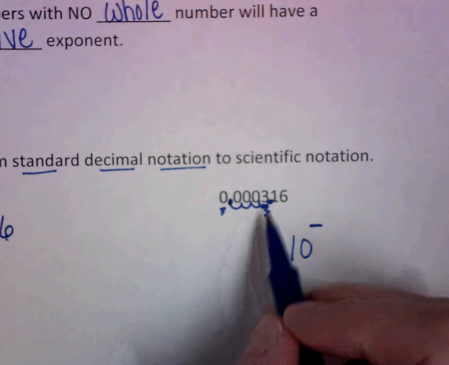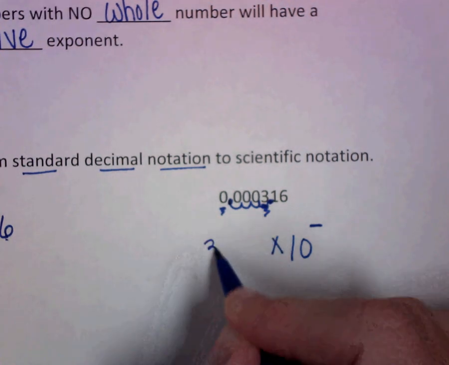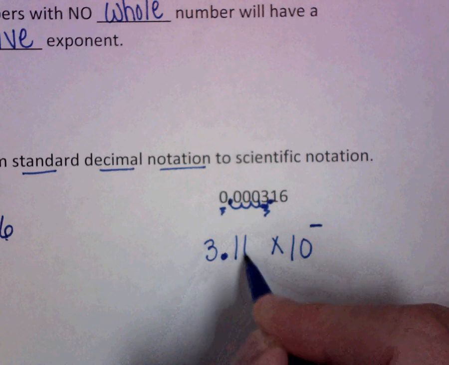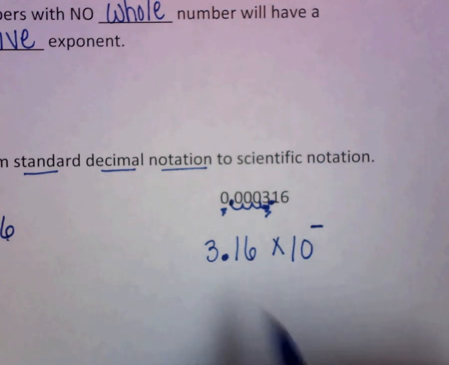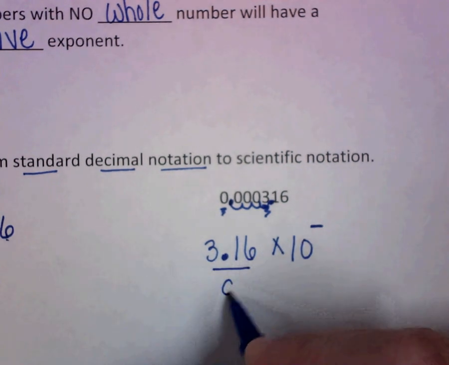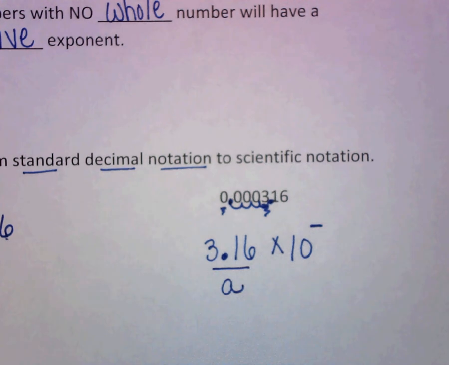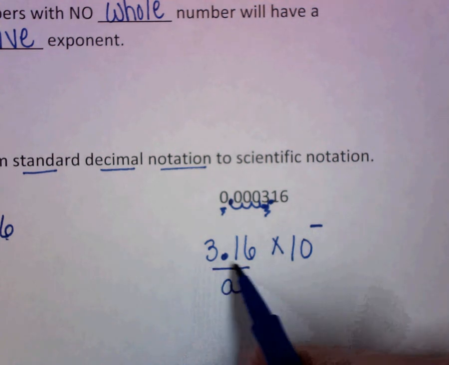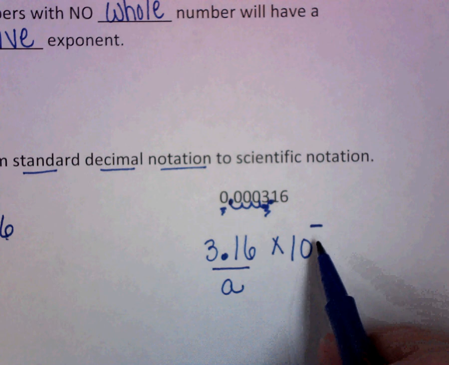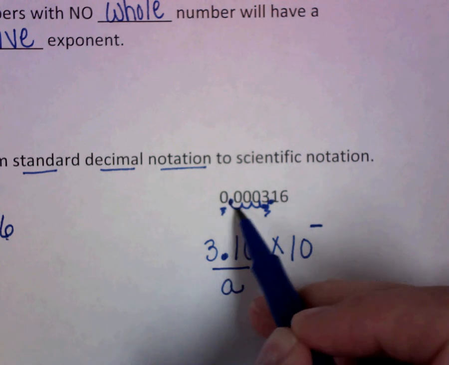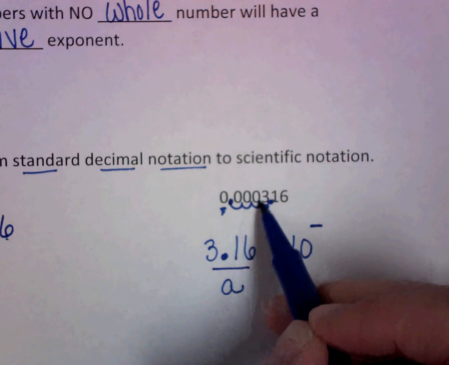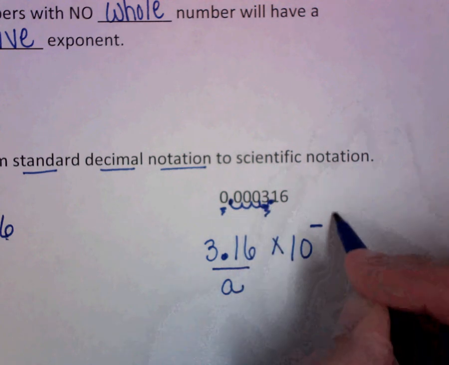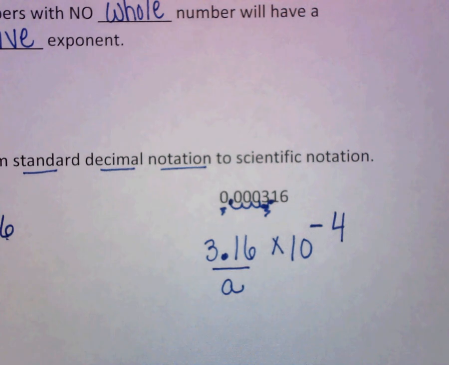You see how I moved it so it's 3? That would be 3.16. Remember, we're doing that because that's our A value, and we want that A value to be between 1 and 10. So 3.16 times 10 to the negative what? How many places do we move it? 1, 2, 3, 4. So our exponent would be negative 4.